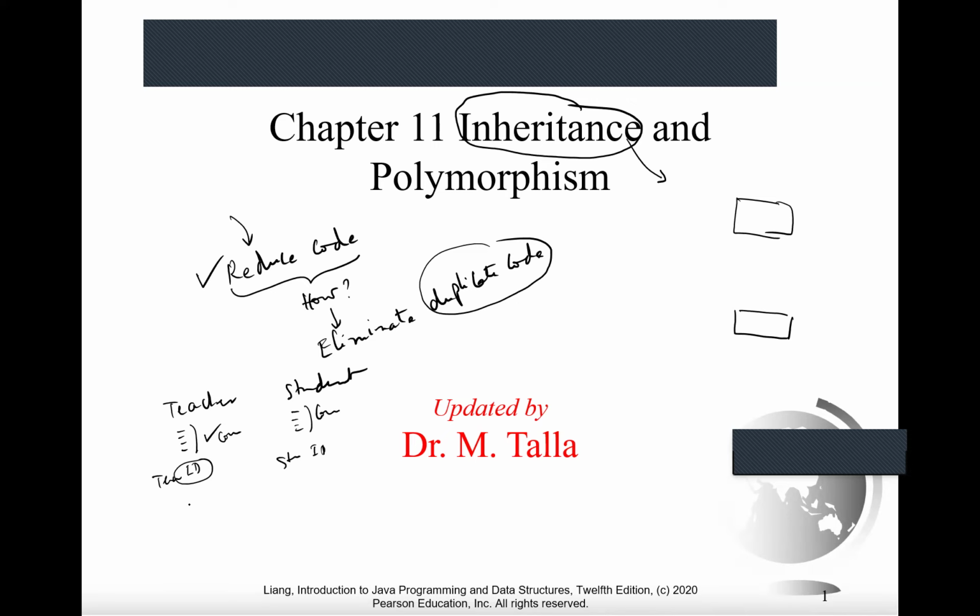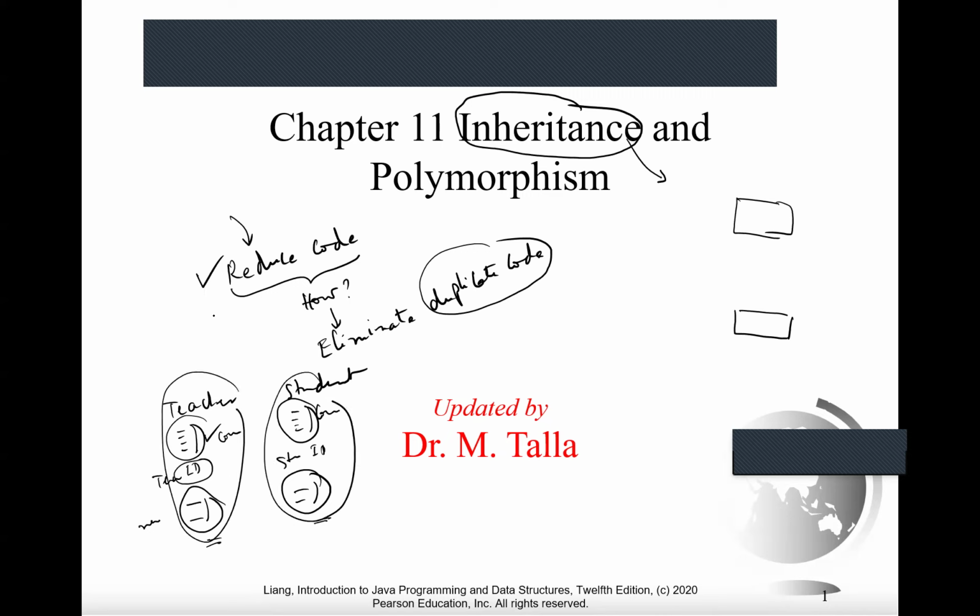And a teacher, as a person, does certain things, and as a student also does the same thing. As a student, he will be doing something which is not common. As a teacher, he teaches something which is not common. Whatever is common, as variables and as methods, can be separated from the teacher class and student class.